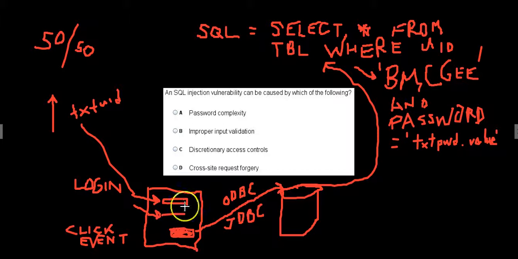And over here, the txt password is this box, and whatever's put into that txt password dot value is what is passed dynamically when the click event executes. It goes through the ODBC and executes the command, and whatever you put in here, thus we call it an input, actually gets passed back here to a dynamic SQL statement.